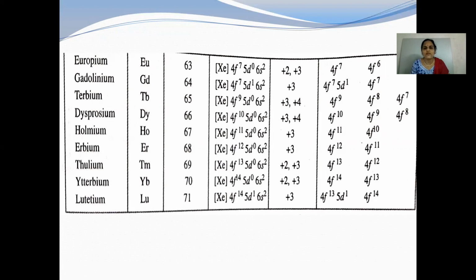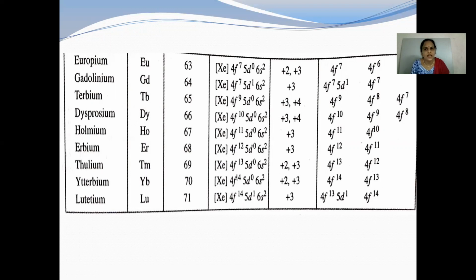Terbium, 65 atomic number, Xe 4f9 5d0 6s2 is its electronic configuration. Dysprosium 66, Xe 4f10 5d0 6s2. Holmium 67, Xe 4f11 5d0 6s2. Erbium, Xe 4f12 5d0 6s2.